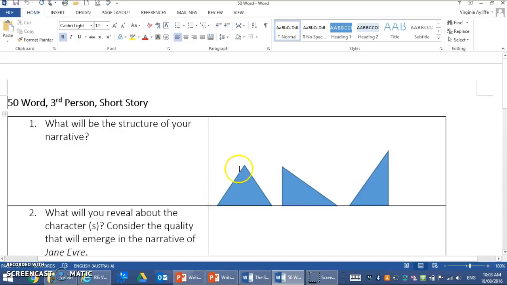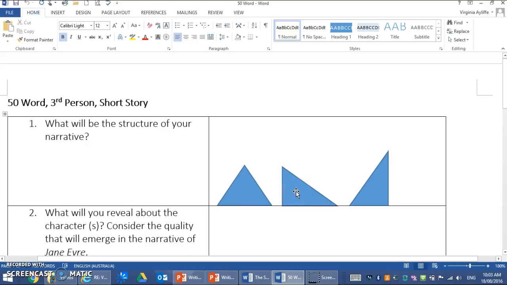Now here I've got the traditional triangle structure where you have your orientation and your setting, your complications rising to a climax, and at an equal pace the denouement or resolution of the story. Inside, of course, we have the theme, and remember, the beginning and the end of the story are united in that thematic purpose.